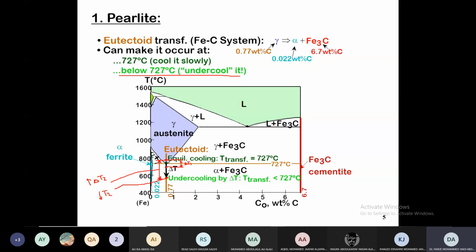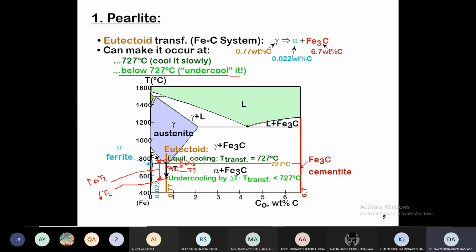The delta T1 is smaller, but the absolute temperature T1 is high, higher than T2. We are comparing two things here: the absolute temperature we are at, and the jump in the temperature, because each one of them affects something else in terms of nucleation and growth.